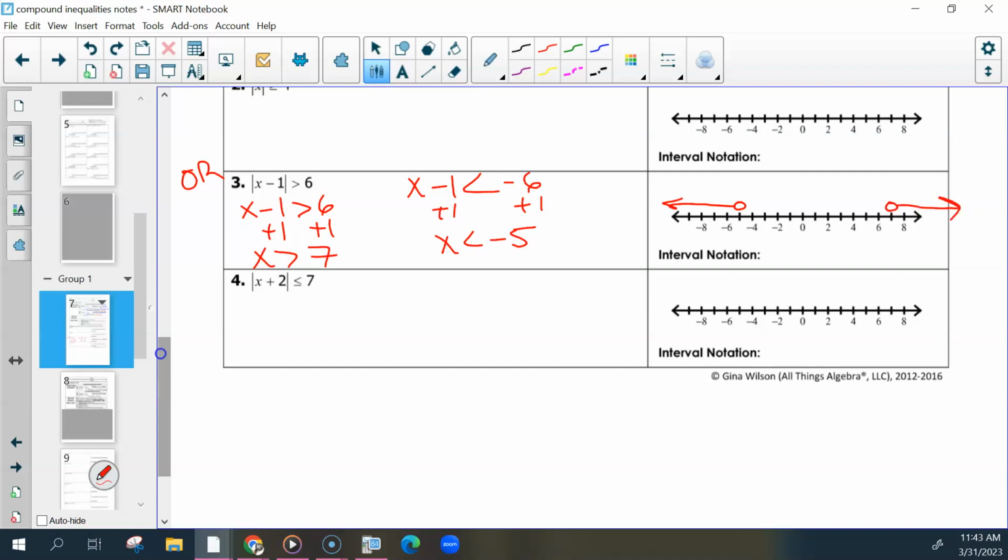This is indeed an or, they're graphing apart. So I would write it as x is less than -5 or x is greater than 7. And my interval notation would start at -infinity, go to -5 with a parenthesis, or start at 7 with a parenthesis to infinity.